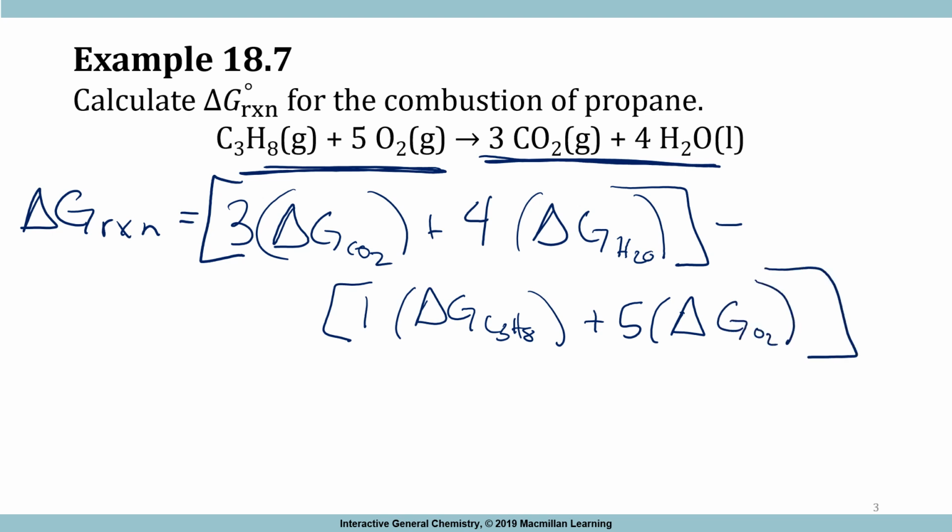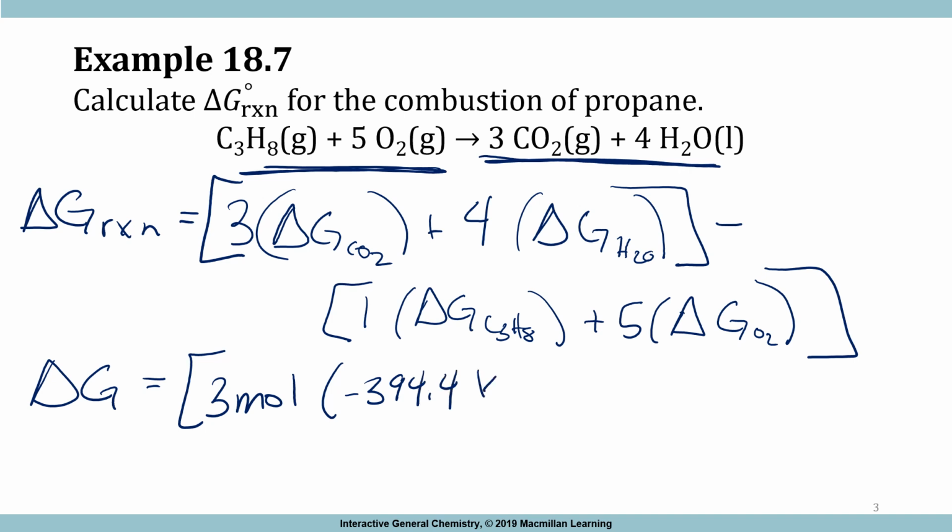So now I just need to plug in those numbers that we got from the table in the back of the book. And that gives us 3, don't forget to include the moles because they're going to cancel out, times negative 394.4, and negative 237.1.